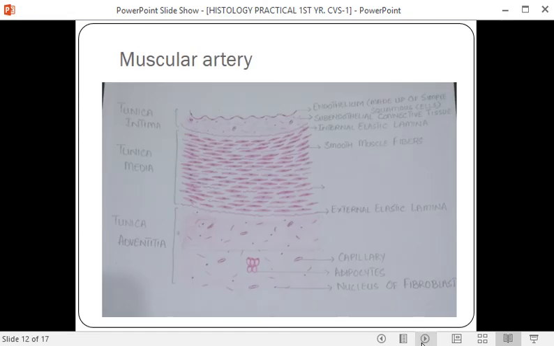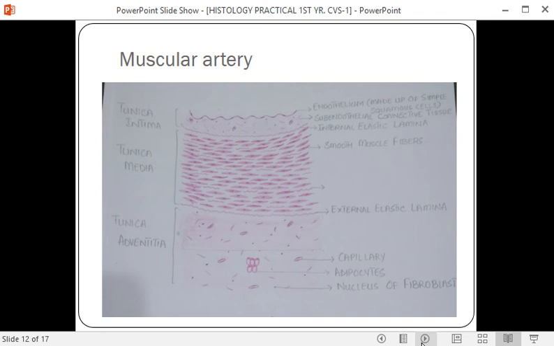The innermost layer is endothelium, which is made up of a single layer of squamous cells. Then subendothelial connective tissue, which is composed of collagen and elastic fibers; fibroblasts and capillaries are also seen in it. Then is internal elastic lamina, which is very prominent in muscular arteries. Tunica media is made up of multiple layers of smooth muscle fibers, and elastic fibers are also seen in between the smooth muscle fibers.